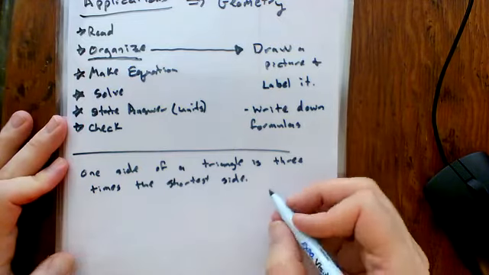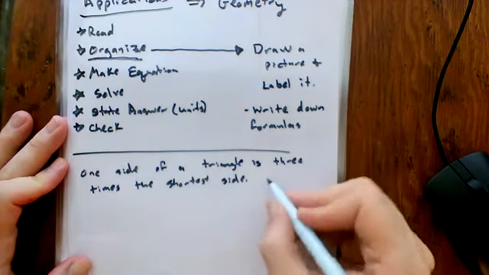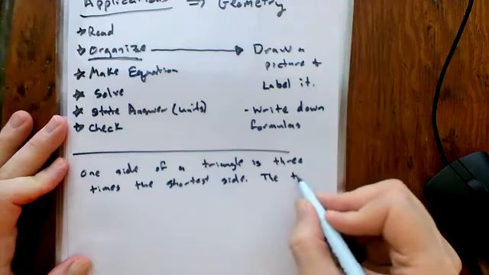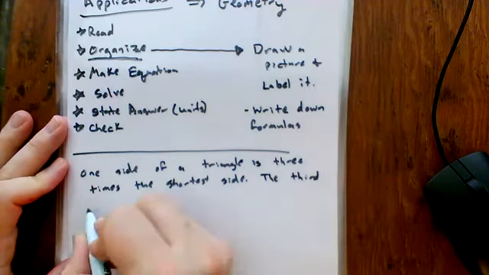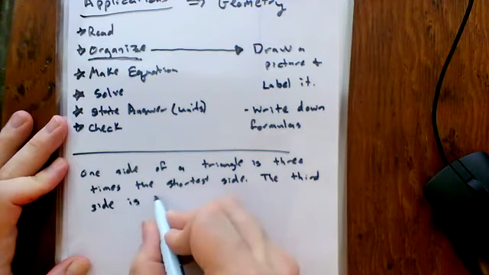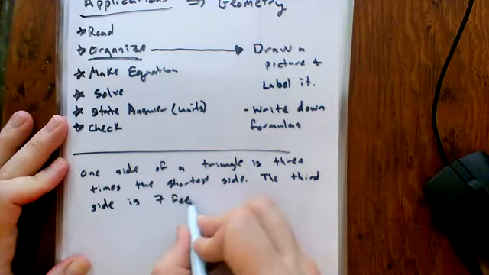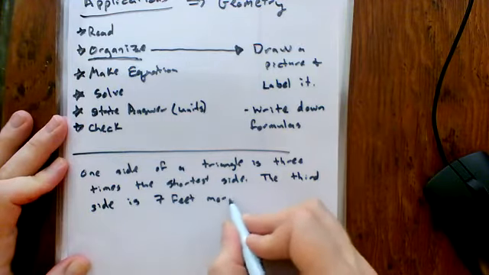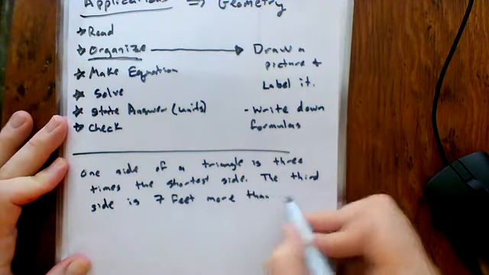The third side is 7 feet more than the shortest side.